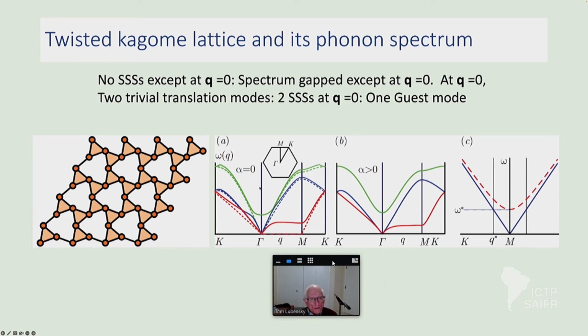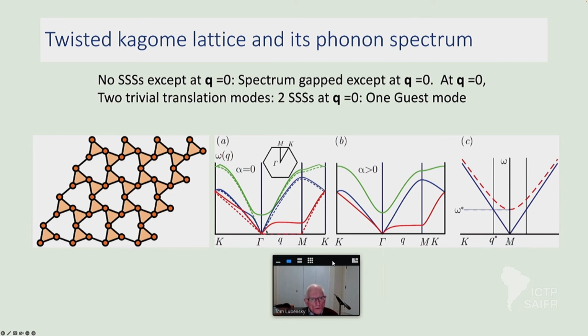We get a set of modes that look surprisingly like, okay, so this is alpha equals 0, and now I know what it is.